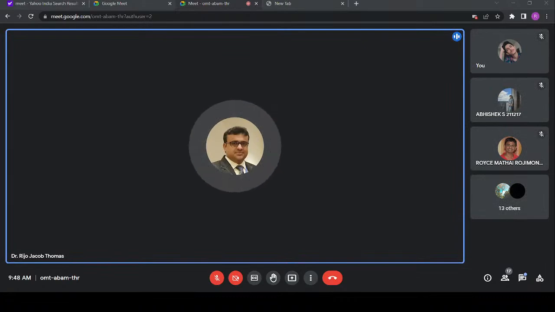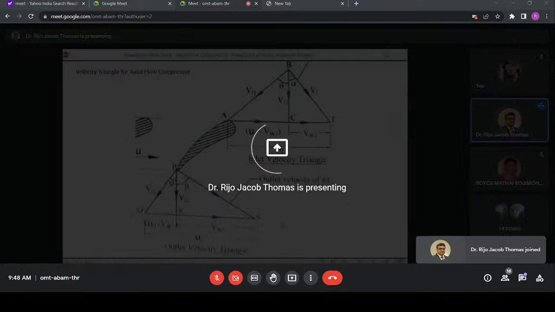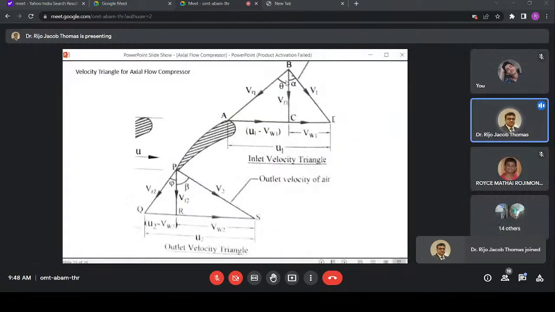Now I'll come back to my PPT. So this is what is very nicely drawn here. So this is your inlet velocity triangle. So this is V1, this is U1, this is VR1. V1 you are resolving into VF1, and this is VW1.